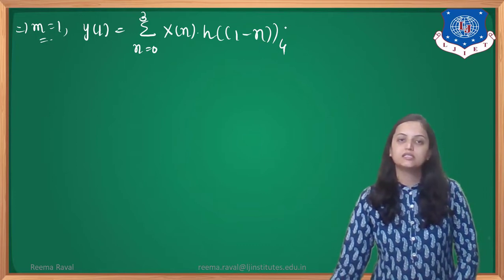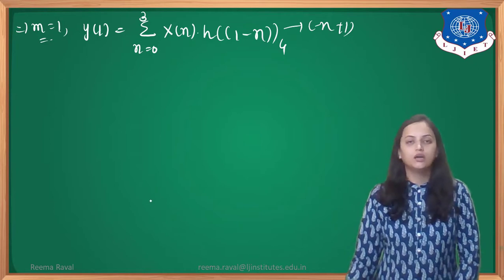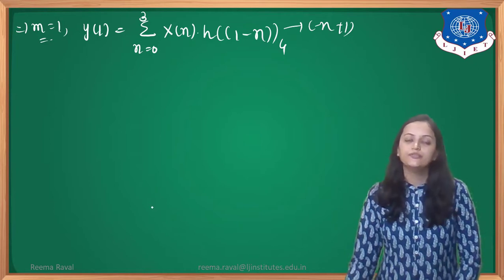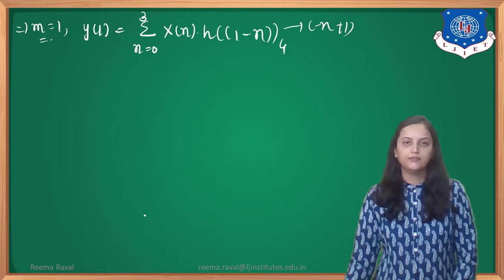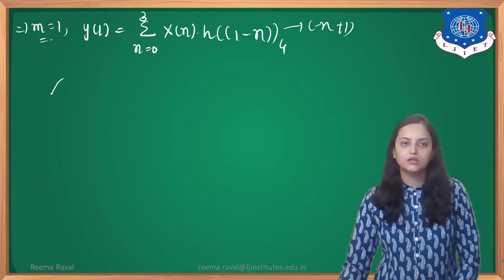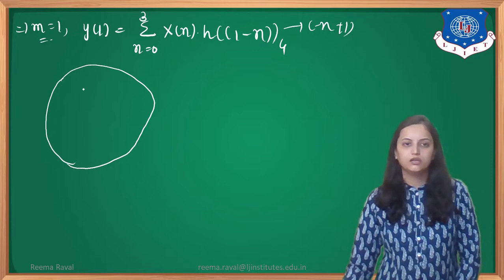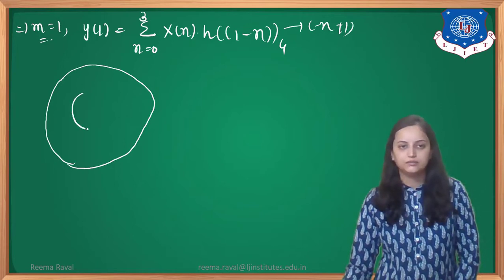So we can call it minus n plus 1 as well. So as we have plotted above minus n, if we add these terms plus 1, then we will get the minus n plus 1. So same way, we plot the circles where outer circle will have h of minus n plus 1 and inner circle will have x of n.